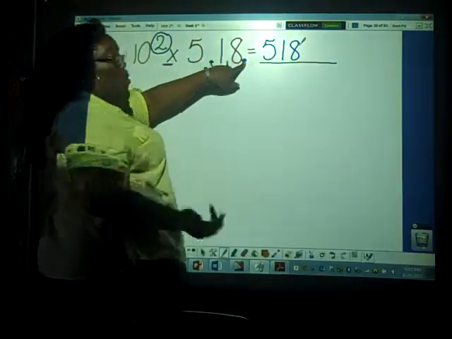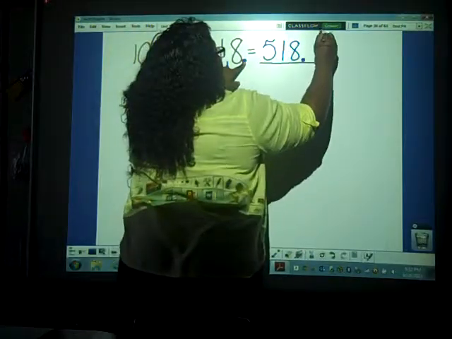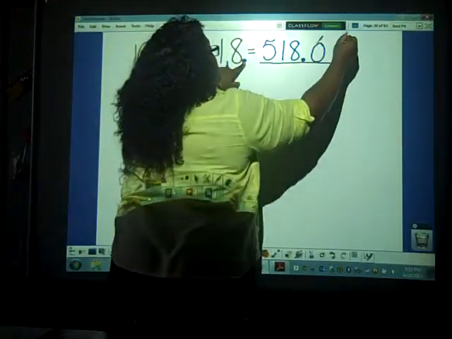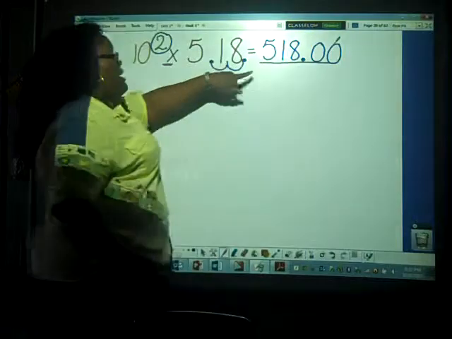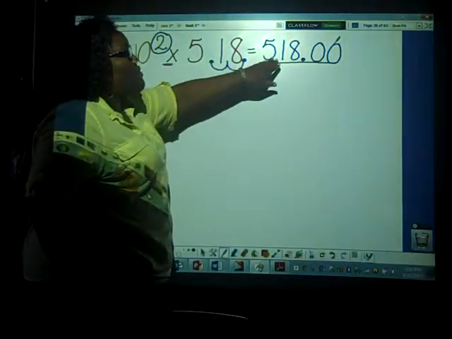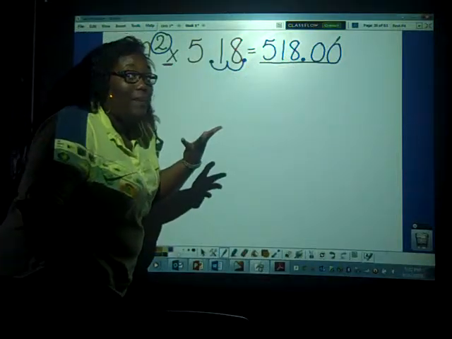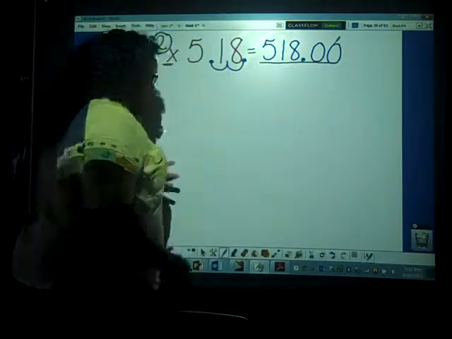You can leave it as a whole number. Make sure you put your decimal there, and you can put 1 or 2 zeros behind it. If you look at its dollar amount, it went from $5 to $51. Now it's $518. You see what's happening? Are you noticing that pattern yet?